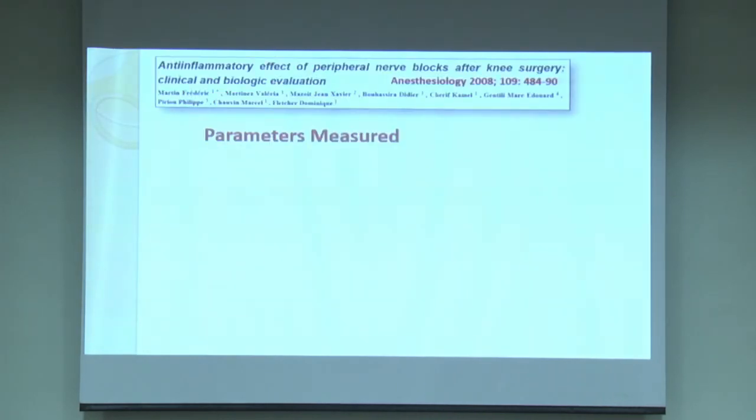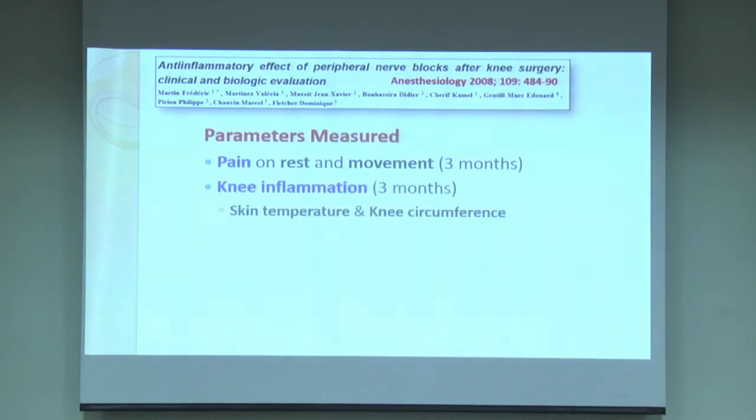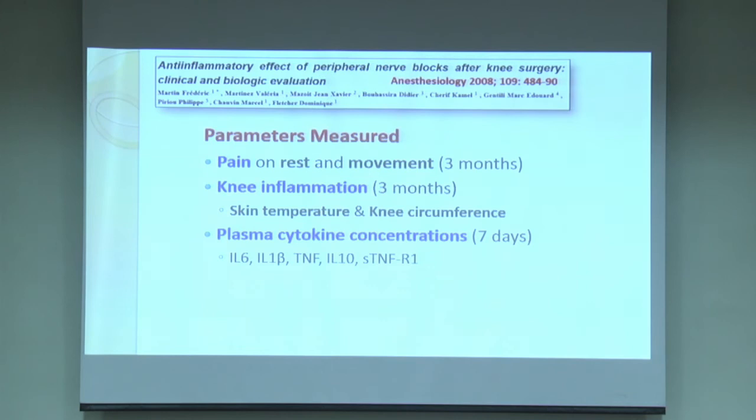What do we do? Do we give IV PCA opioids, or do we give local blocks? And we all know that for pain at rest and at movement, you need to have local blocks which will give you better pain relief.